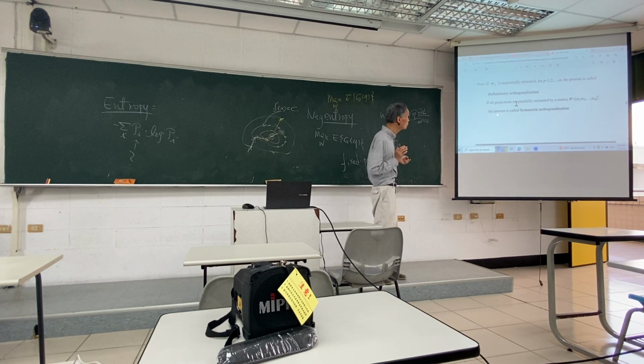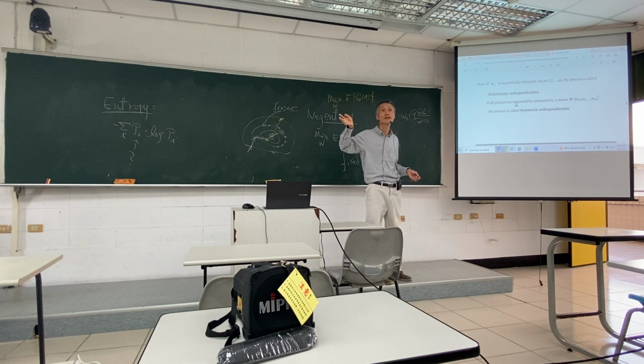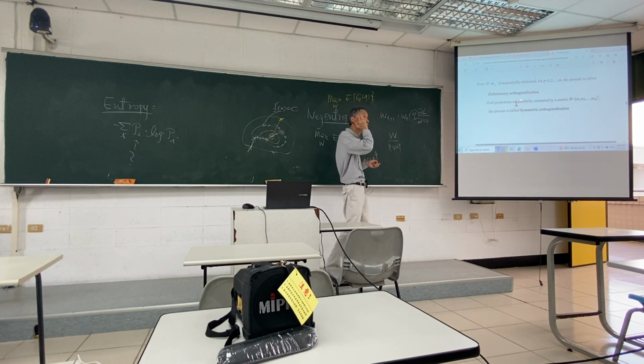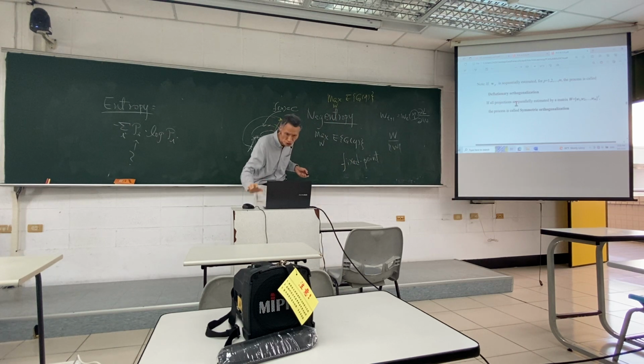If you select deflationary, it means you will estimate the very first projection direction, and then the second, and so on and so forth, sequentially. That is, it estimates the first projection direction, then the second, then the third, then the fourth. This strategy is called deflationary. I'm not sure whether scikit has it; maybe you can ask Carlos later. The other alternative is called symmetric orthogonalization, which means what?